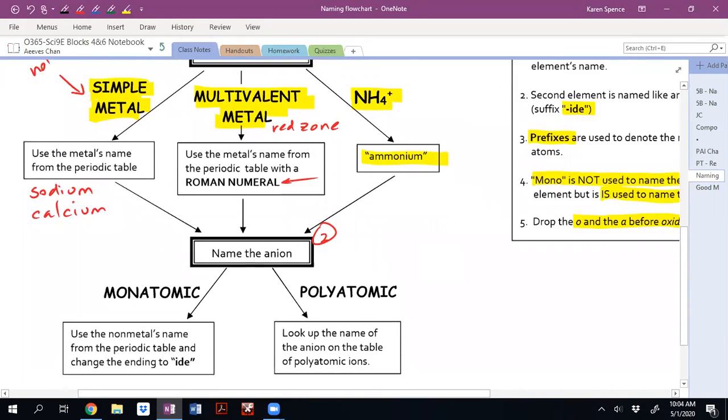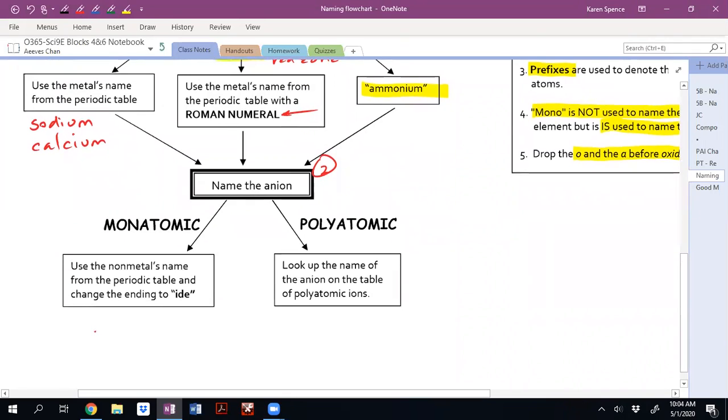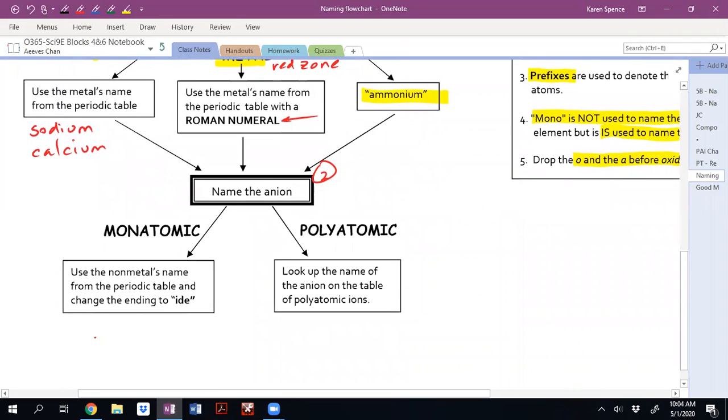Step number 2, you're going to name the anion. And you have a choice. Either it is monatomic, so you might have O or N or P, and you would just name them oxide, nitride, phosphide.